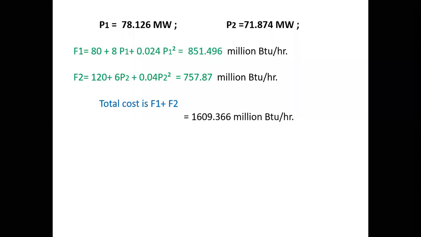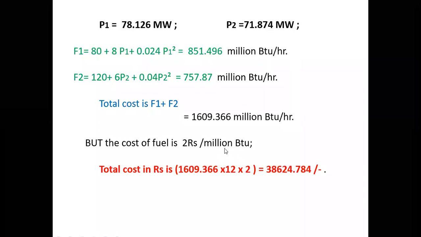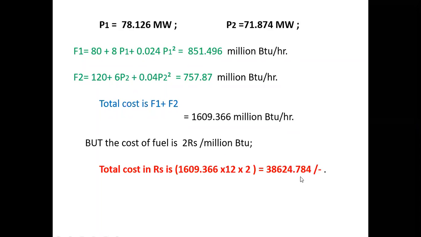But in order to find out the total cost in rupees, we need to consider the cost for each million BTU at the same time also. Then consider these two, then you will get total cost is 38,624 rupees. This is nothing but total cost for case 2.